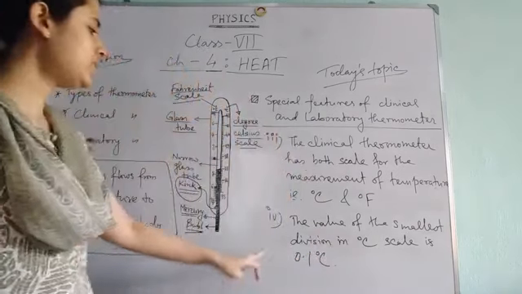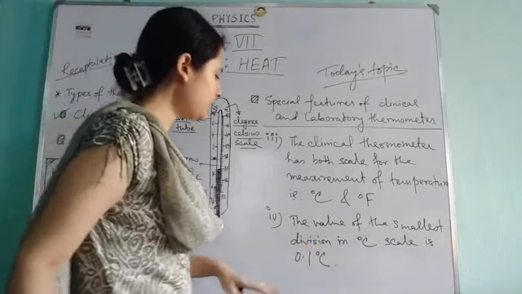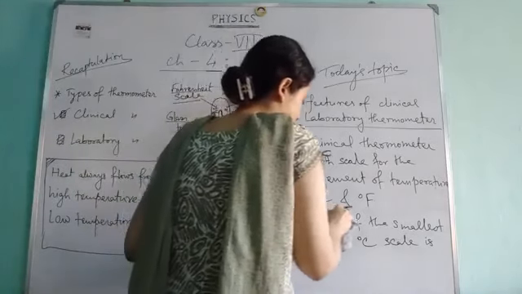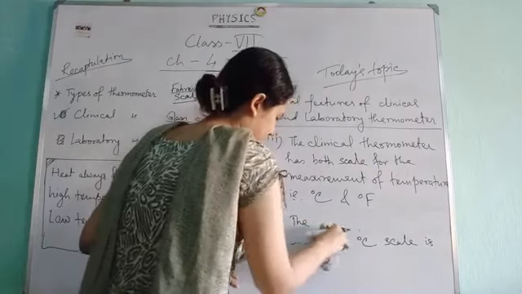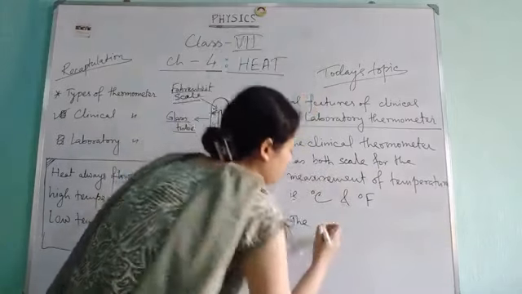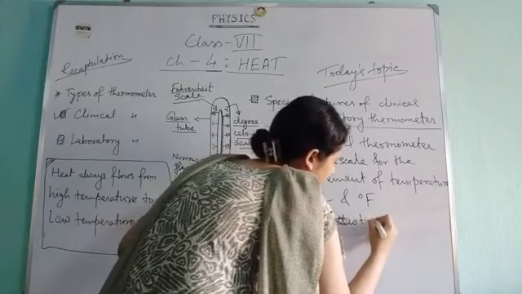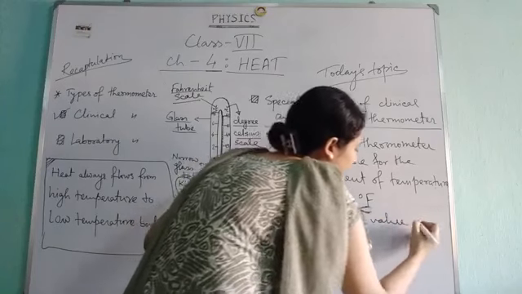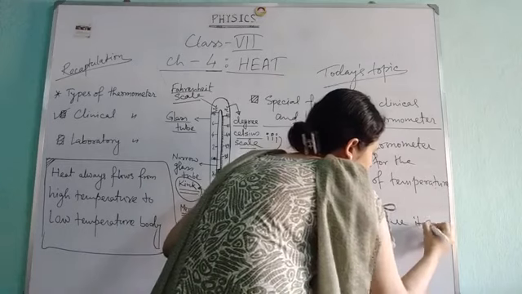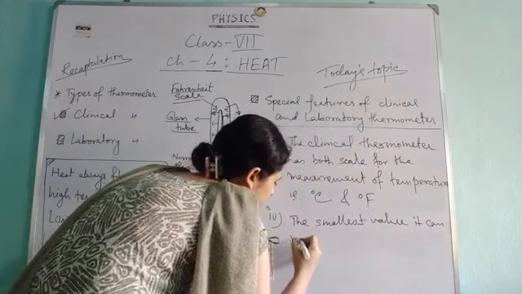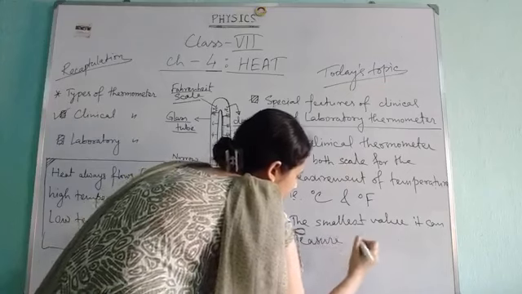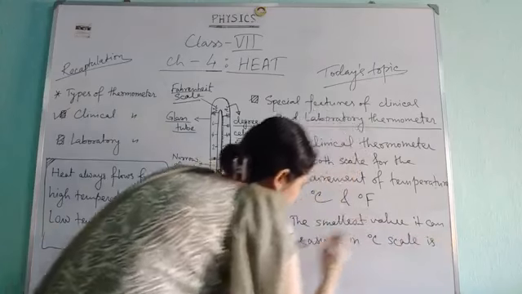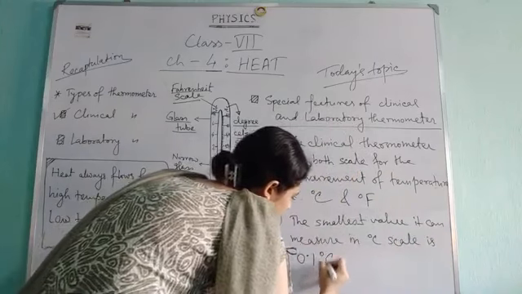Or better you write it in this way: the smallest value it can measure in the degree Celsius scale is 0.1 degree Celsius.